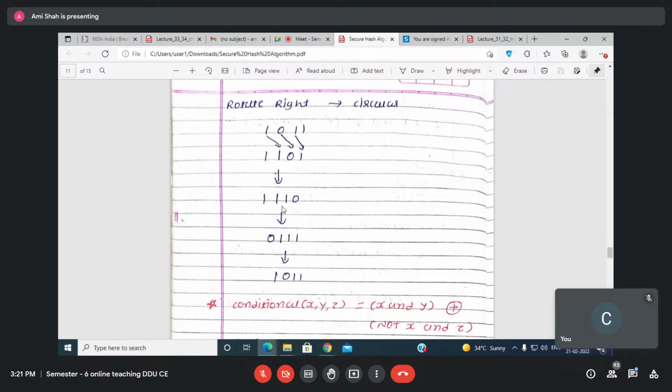Again, this gives 1 1 1 0, with 0 at the beginning position. Then again 0 1 1 1, and then again 1 comes to the first position. So this is all about the rotate right operation.